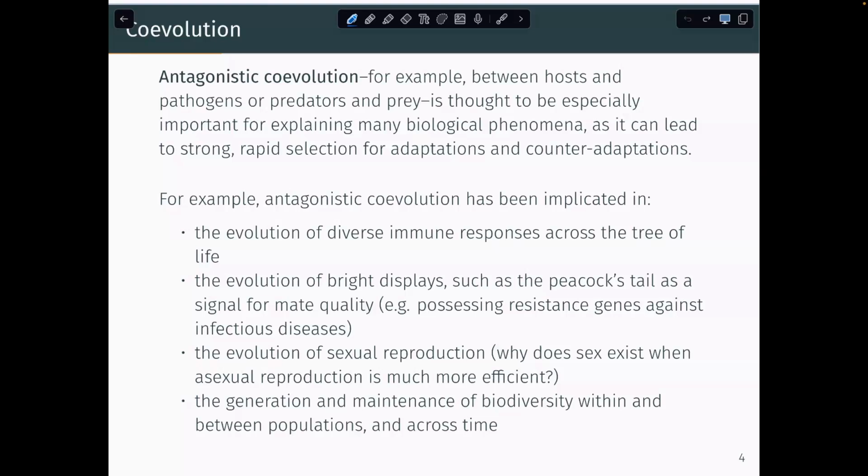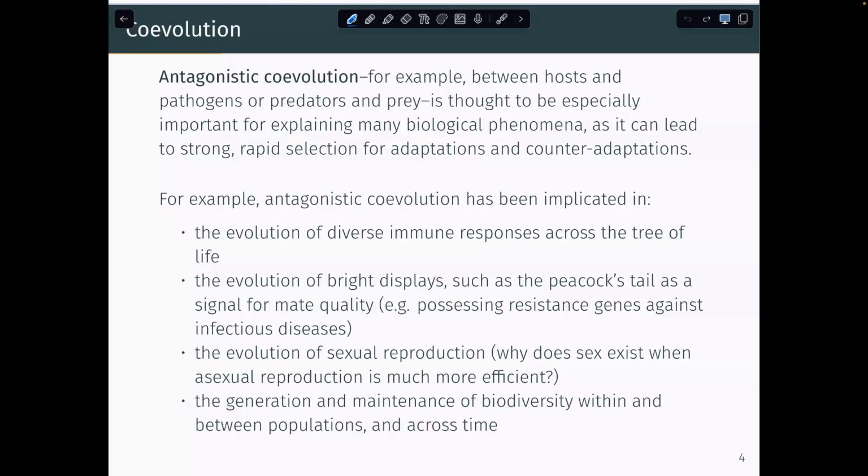You can also see that if you evolve your bacteria with a virus that is constant, so it's not evolving, you just keep replenishing it, then evolution proceeds at a certain pace, a certain amount of adaptation of resistance in your bacterial population. But if you co-evolve them together, you see this explosion and really rapid acceleration of evolution. So coevolution can really drive a lot of molecular as well as phenotypic changes.